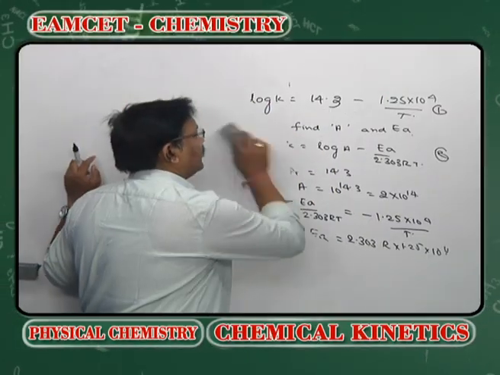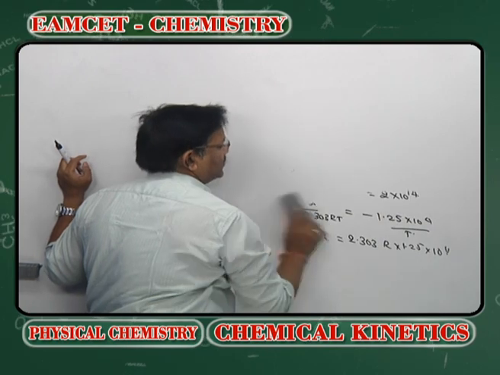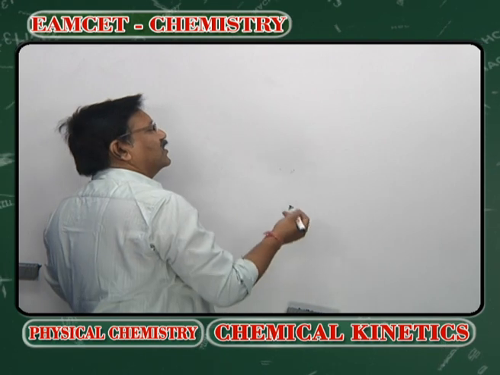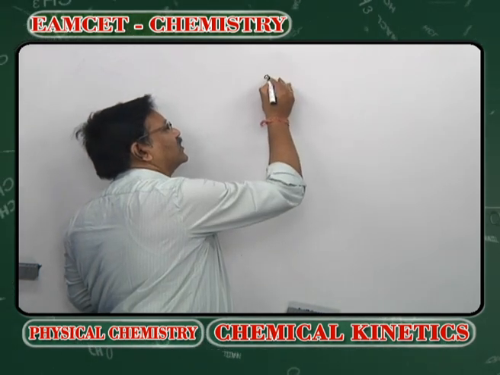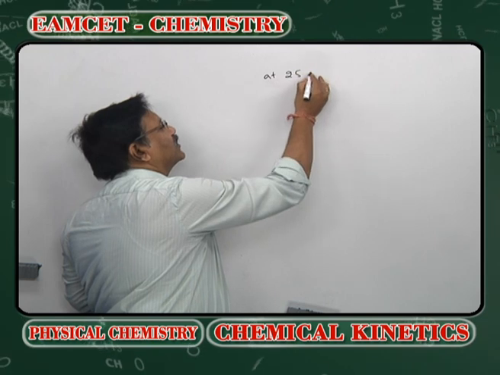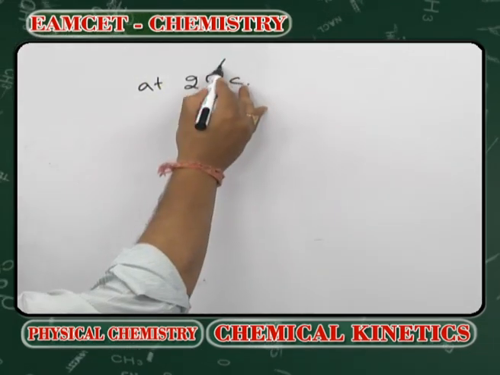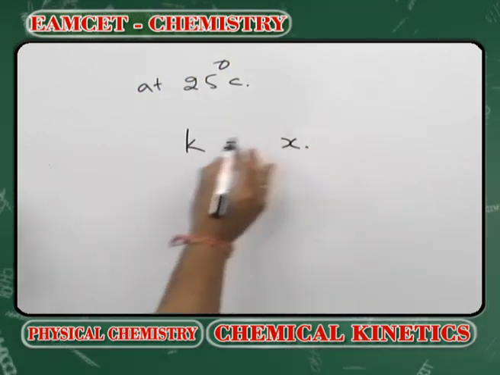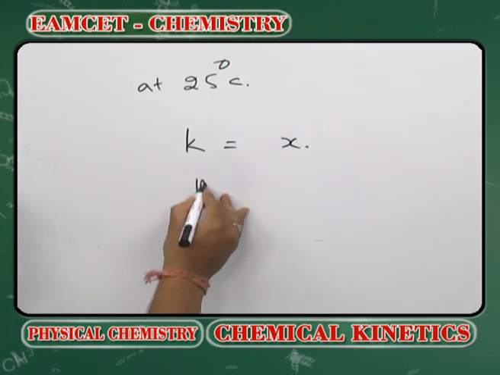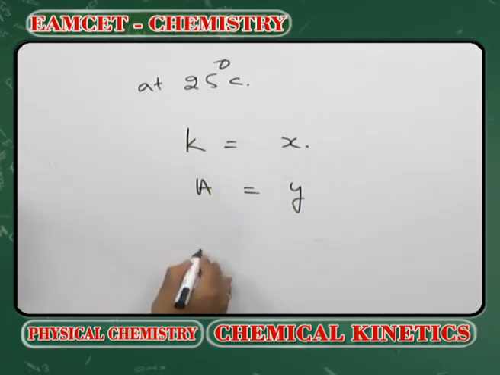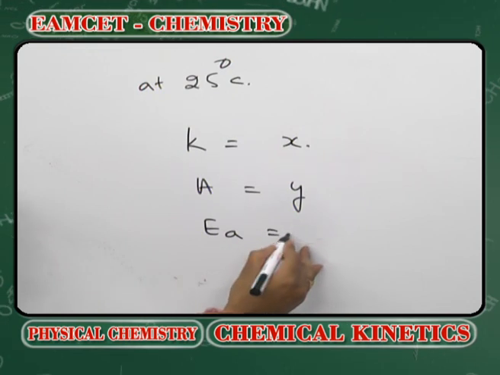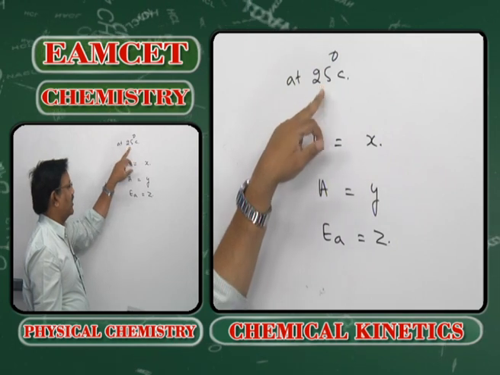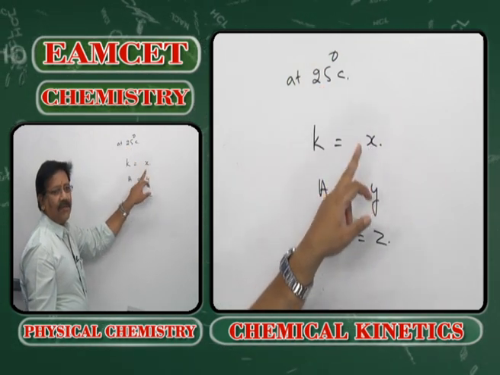Now another important point: at a given temperature, or at 25 degrees centigrade, K is equal to X, A is equal to Y, and activation energy is equal to Z. These are hypothetical parameters.